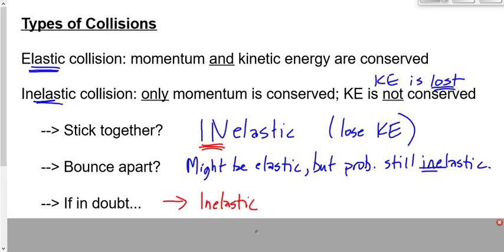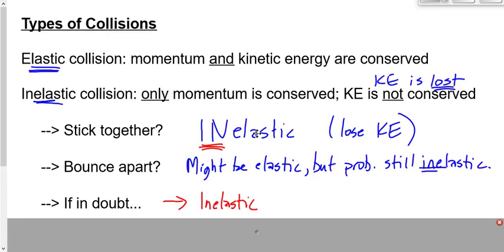Because most times it is. I would say 90% of the time it's probably inelastic. So if you're not sure, guess inelastic. And 90% of the time you're going to be right. Okay? 10% of the time you won't.